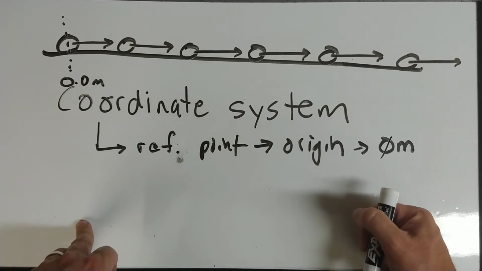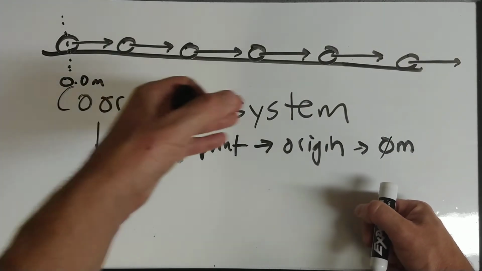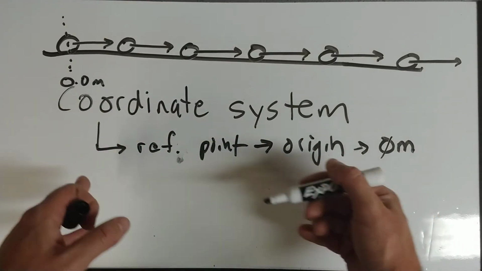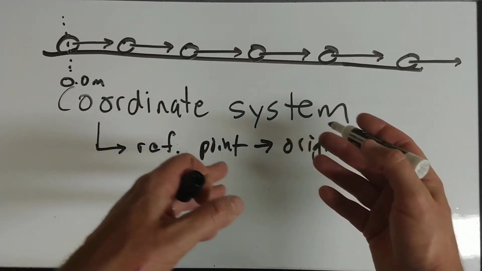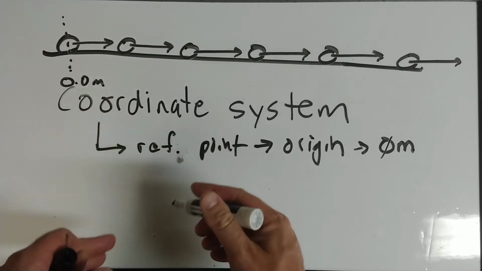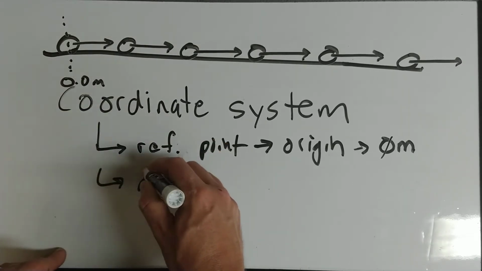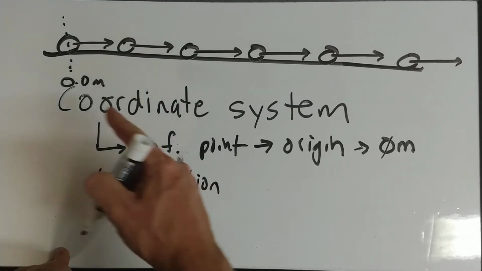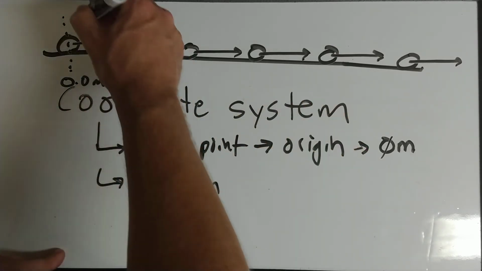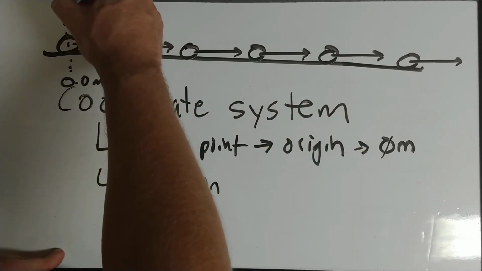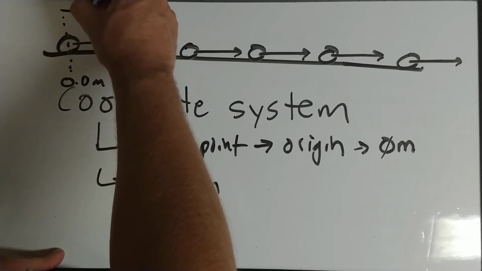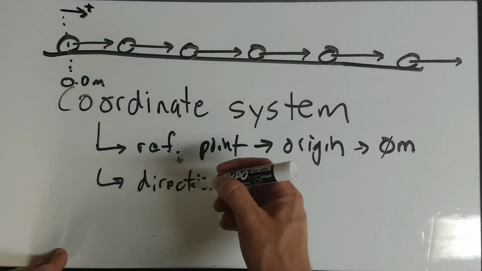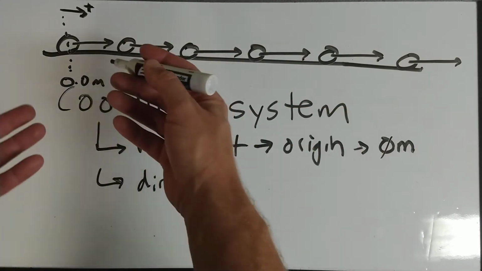All right, our reference point. Now, what else you need is a direction to say is the positive direction or negative direction. We have to have a direction. So to the right here is going to be, and usually what you do is you draw an arrow with a little positive sign or something like that.